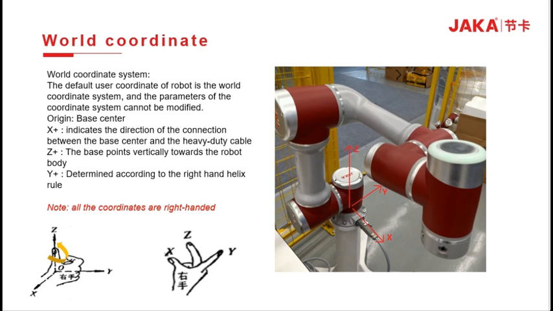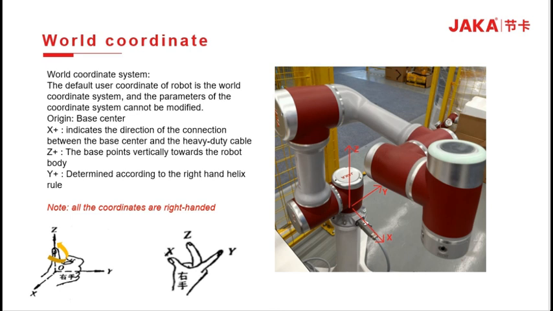Before we get to the user coordinate system, let's take a look at the world coordinate system. The default user coordinate system is the world coordinate system, which cannot be modified. The line direction between the center of the base and the interface of the heavy load line is the positive direction of the x-axis of the world coordinate system.